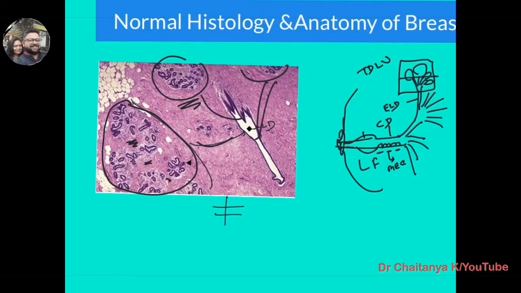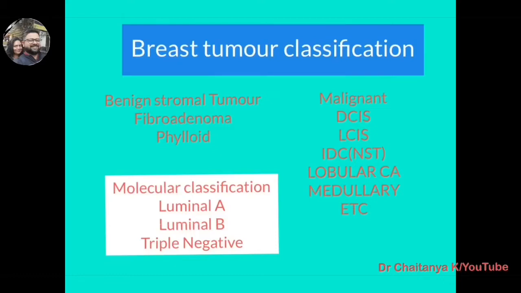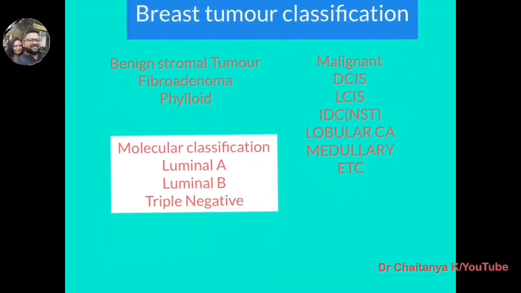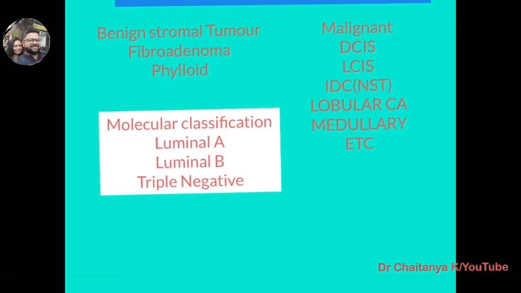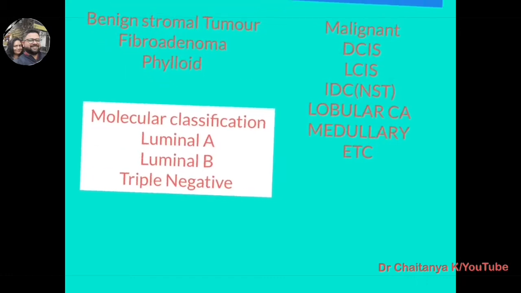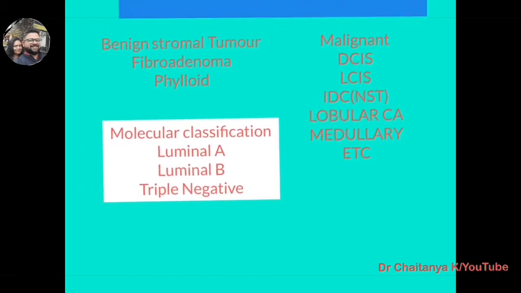With these normal structures, we will go to the breast tumor classification. This is Azzopardi's classification. I hope this classification has been covered in your theory lecture, so I am not going into detail. In simple terms, whatever I told you in the histology is that there is a TDLU, the terminal ductal lobular unit, and inside that there is a stroma.